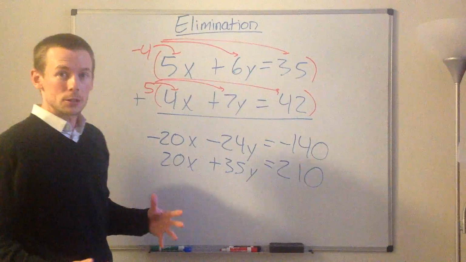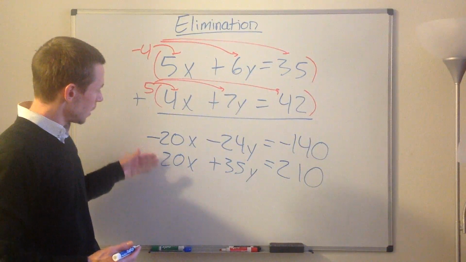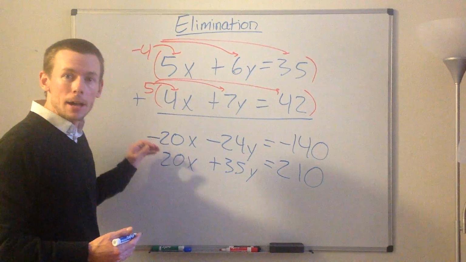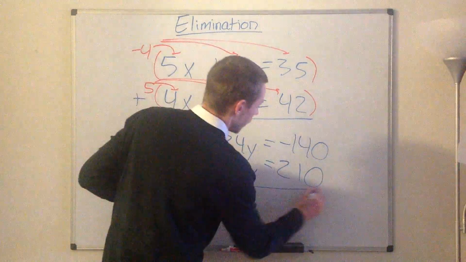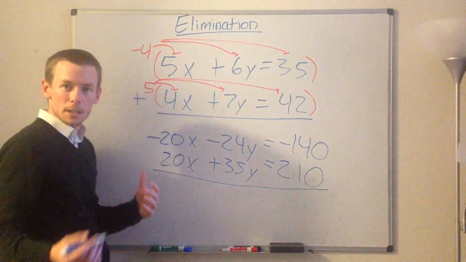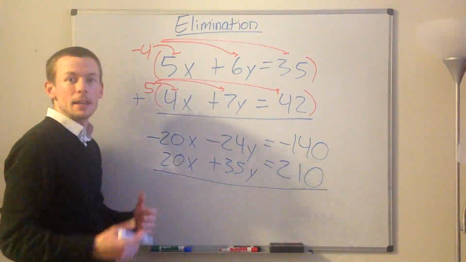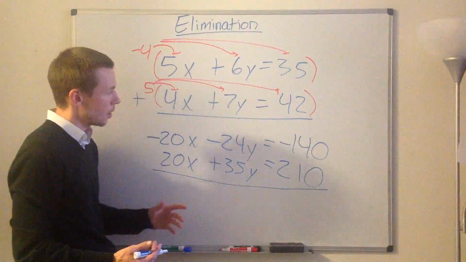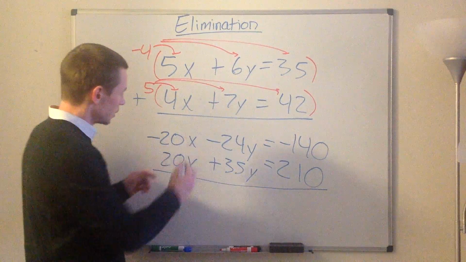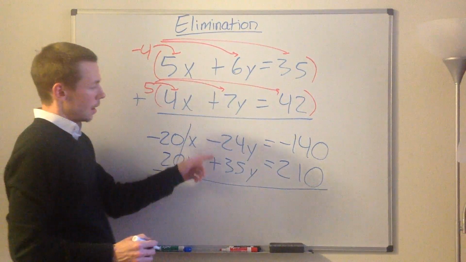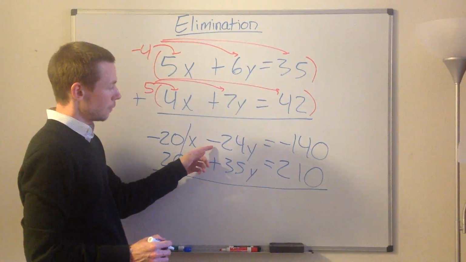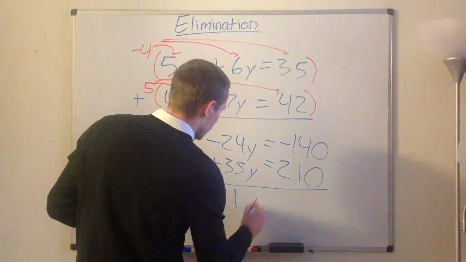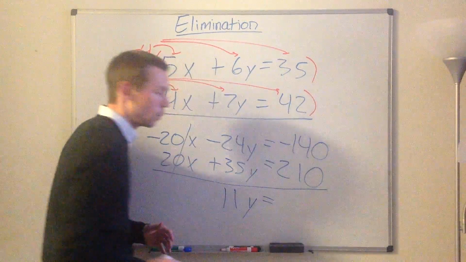So what that did for us is it lined up the 20s to have the same number with one being positive and the other being negative, therefore putting us in a position to eliminate, getting down to one variable and then solving for the others. So here this is going to eliminate. 35 minus 24, or in other words, negative 24 plus 35 is 11y.